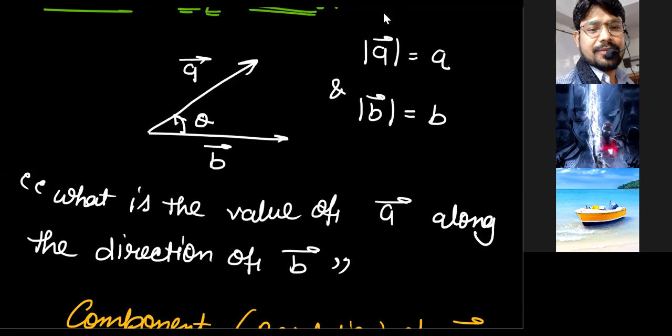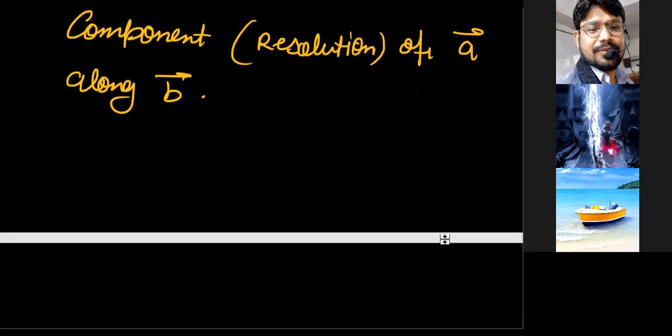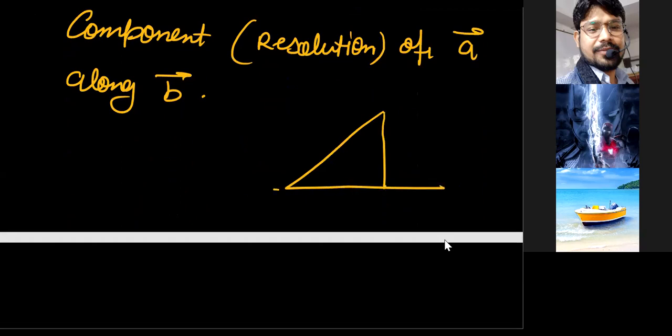Okay. So first of all, just draw the perpendicular along this vector. In this triangle OAB, for better clarification, I want to redraw this situation. This is triangle OAB, the magnitude of vector A is A and this angle is theta.